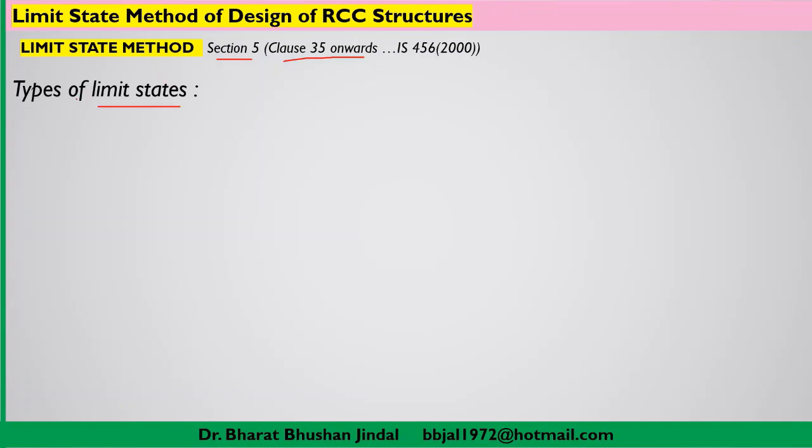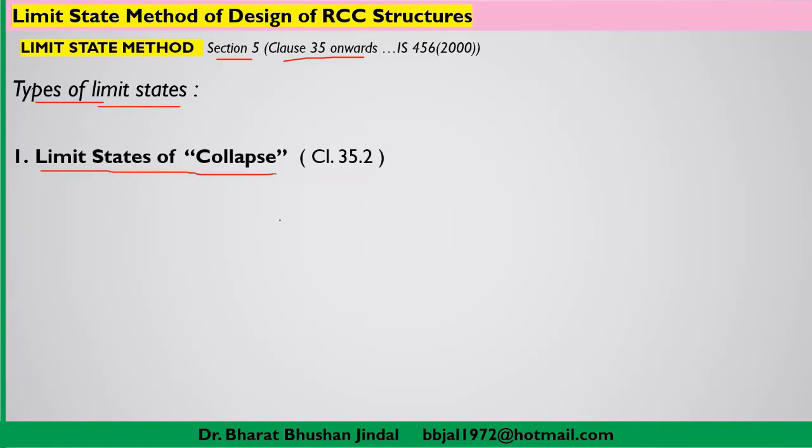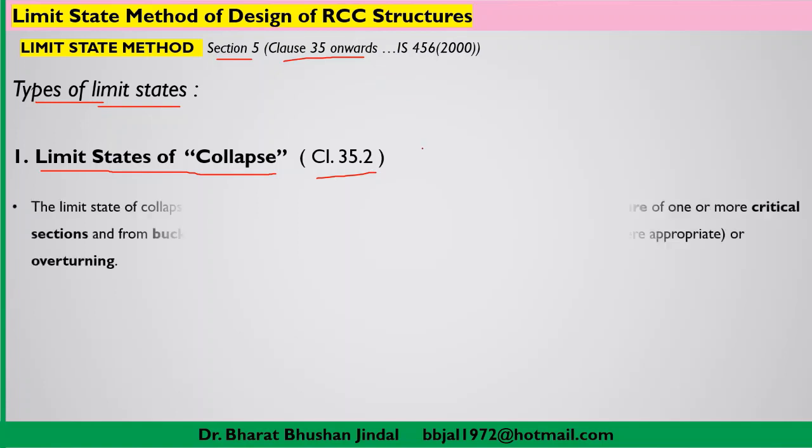So what are the types of limit states? First of all, we will say it is limit state of collapse. That means when the structure will be approaching the collapse. The structure will not collapse, but it will approach the stage of collapsing. So you can refer to clause number 35.2 again from IS 456.